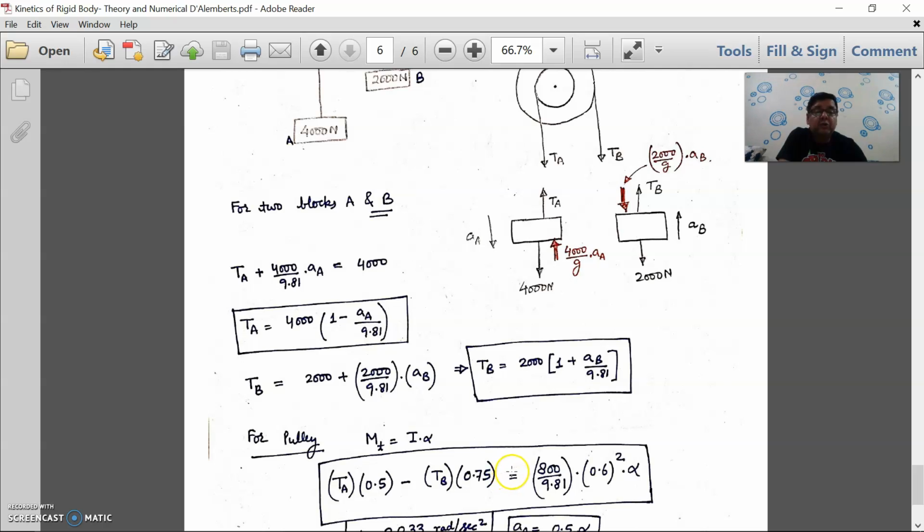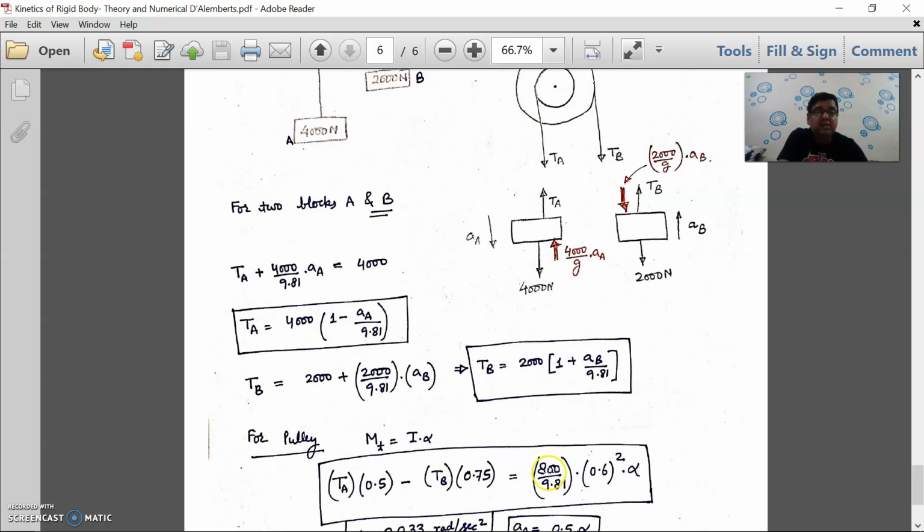This rotational moment should be equal to I alpha. I is the moment of inertia of this pulley, which is m k square.